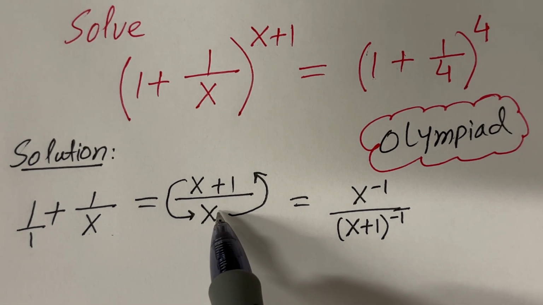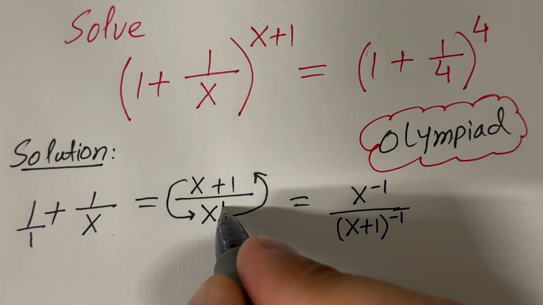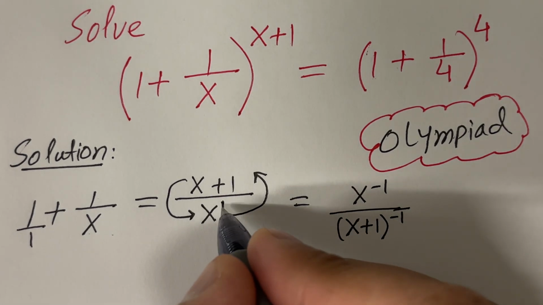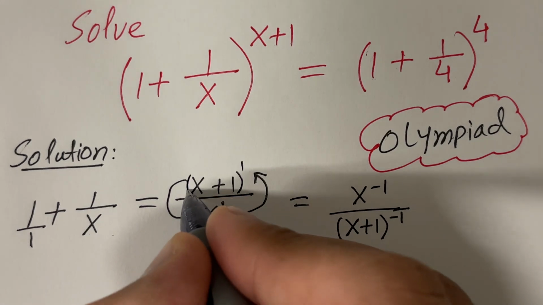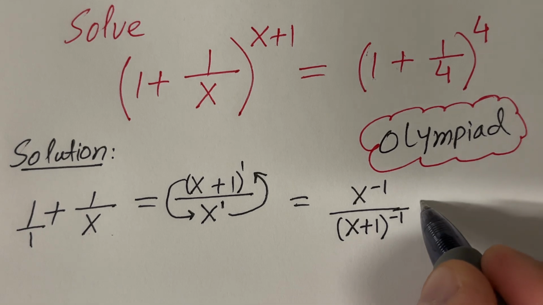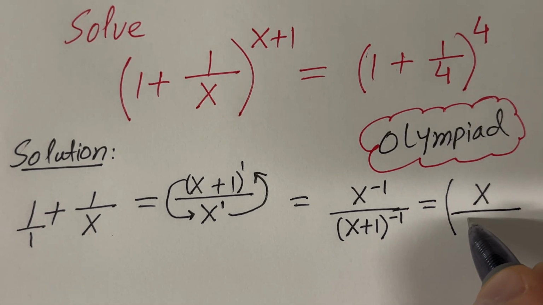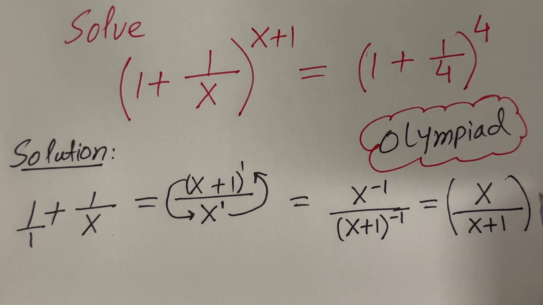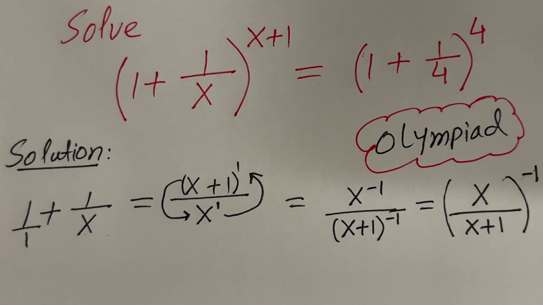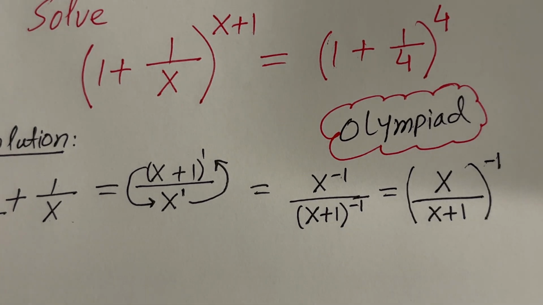You can move any number from the denominator to the numerator, but the exponent will change. If you don't have any exponent, then that means the exponent is 1. The exponent is 1 here and 1 here, so only the sign of the exponent changes. But here we have the same exponent, so I can rewrite this as x divided by x plus 1 raised to the power minus 1, because you can take the whole exponent as minus 1, right?